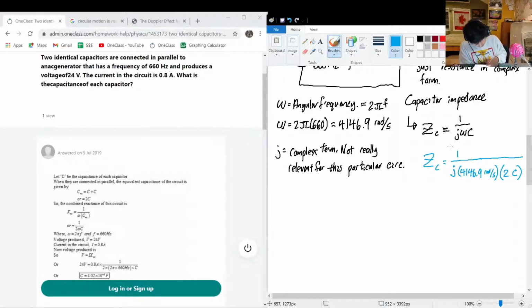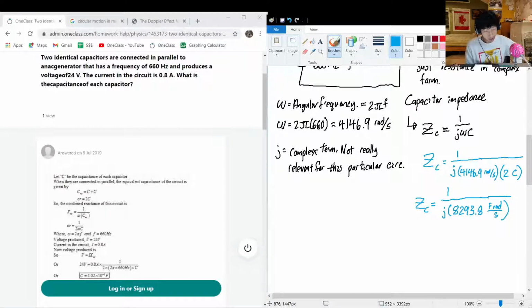So we get Z_C is equal to 1 over j times 8,293.8 farad radians per second. The unit is not super important.